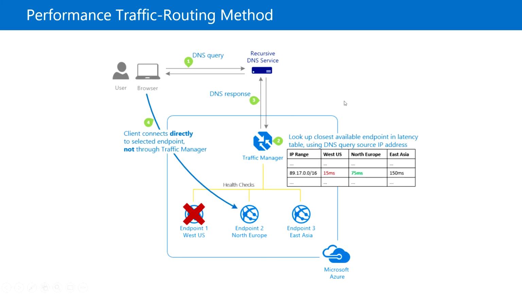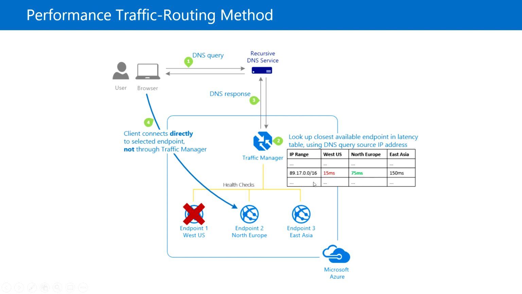And next, the performance traffic routing method. In this method, let's say we have endpoints in different geographic locations, and the end users want to access the closest endpoint for the lowest network latency.